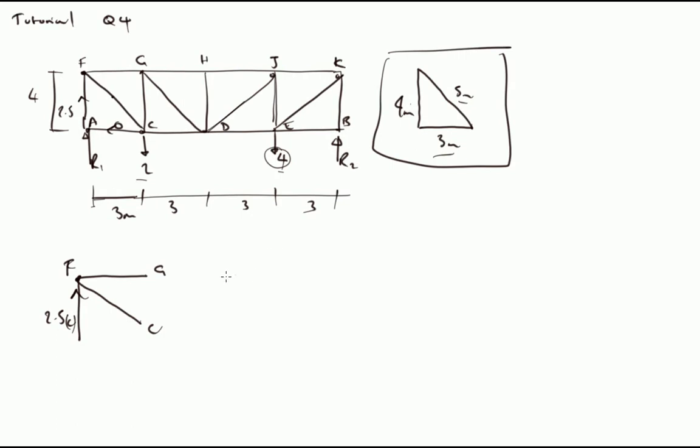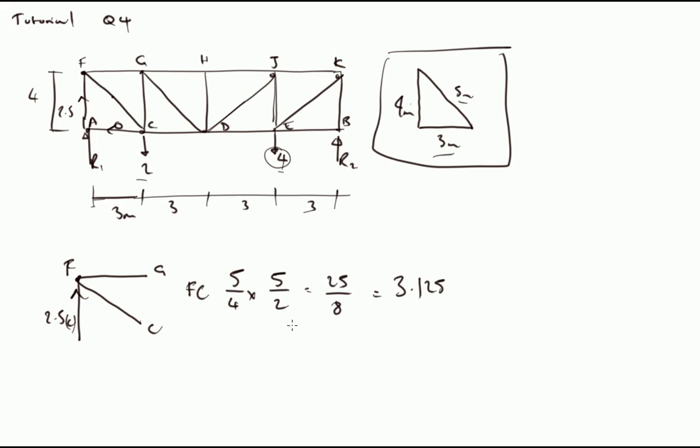So we can say that Fc is equal to 5 quarters times 2.5, which is 5 halves, so 5 fives are 25, over 8, is the value of Fc, which is 3.125. Okay, well, 3 and an 8.